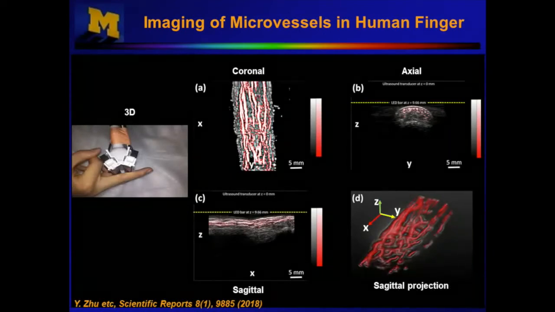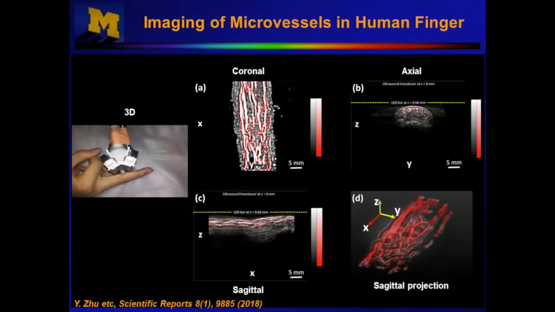We did a three-dimensional scan along the finger, and by doing a 3D scan, we can show the vasculature in this finger along each view. This is the coronal view, this is the axial view, and this is the sagittal view. We can also show the vasculature in the finger along a sagittal projection view. You can see a lot of vessels in this finger. They are all imaged successfully.